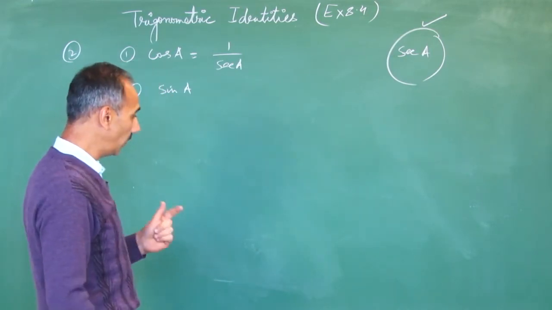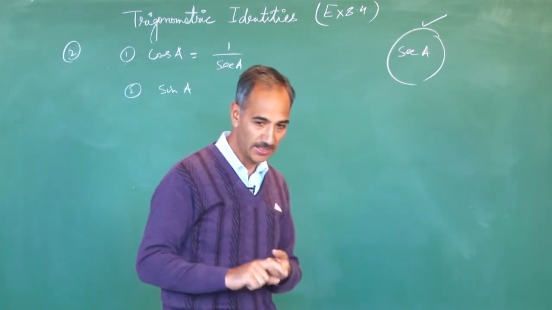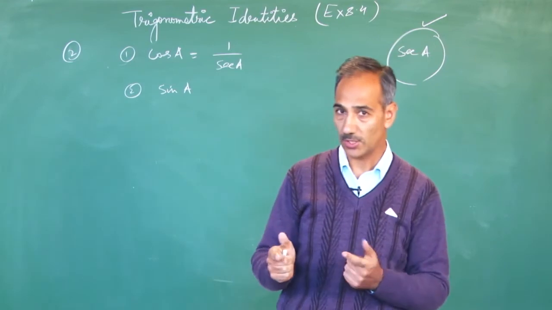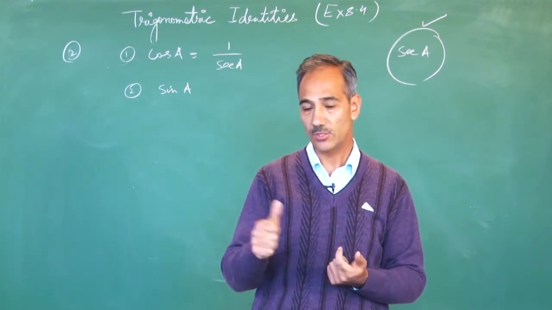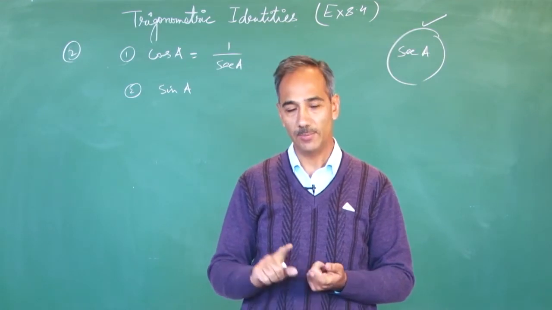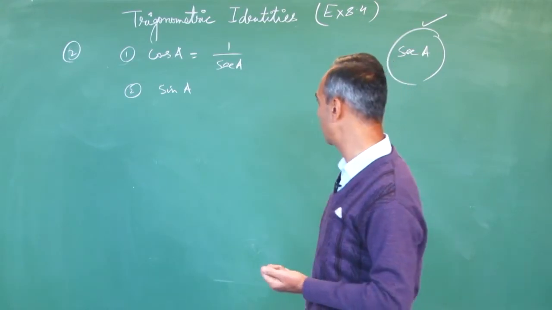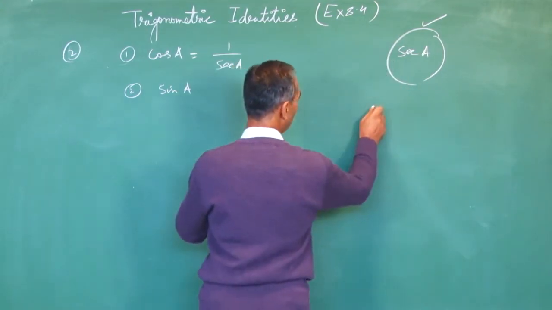Now if you take the identity, sine can be expressed in terms of cos. Sine can be expressed in terms of cos using the identity, because sine square plus cos square is 1. So sine of A will be square root of 1 minus cos square A. And cos we have already expressed in terms of secant. See, I will show you how this works.